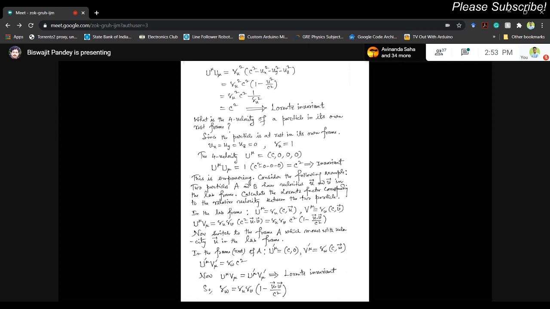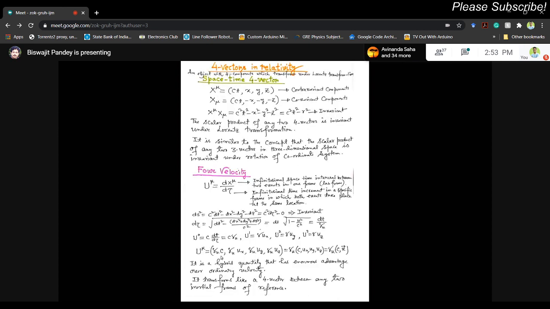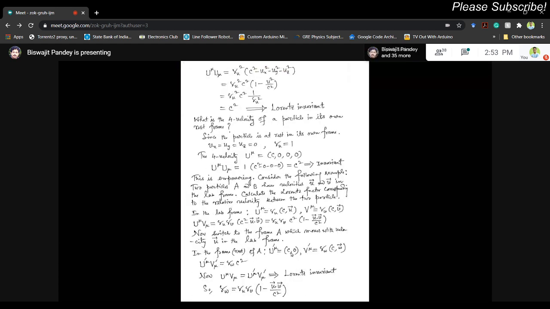What is that expression? That is gamma u c, gamma u ux, gamma u uy, gamma u uz. So if I take the covariant components and take a scalar product u mu u mu, we get gamma u square into c square minus ux square minus uy square minus uz square.